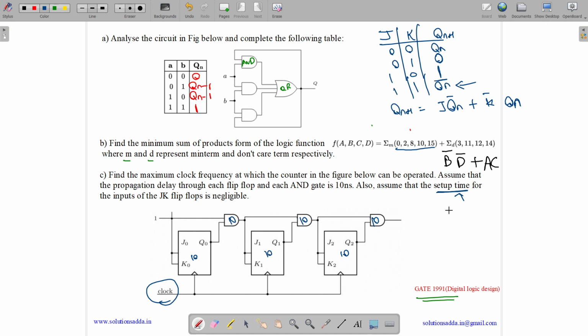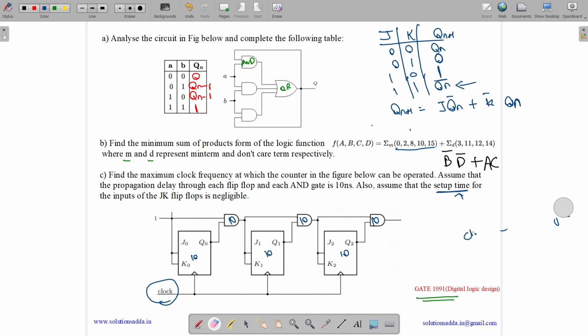What is the definition of setup time? Setup time is the minimum time before the clock active edge that data must be stable for it to be latched properly. And as this is negligible, it means as soon as the data is stable, the next clock can be given.